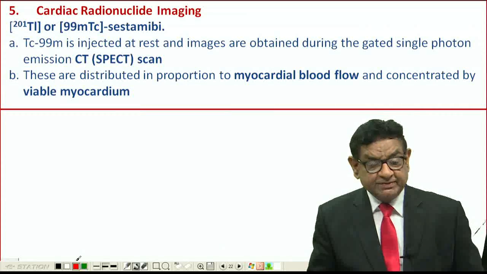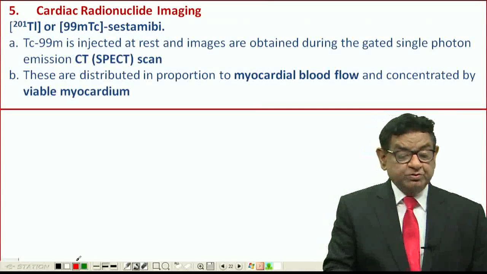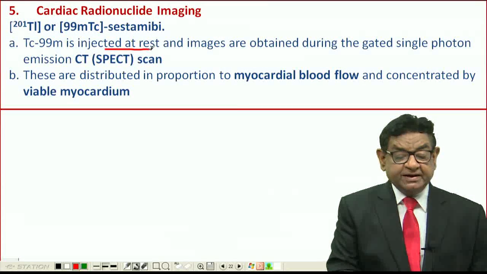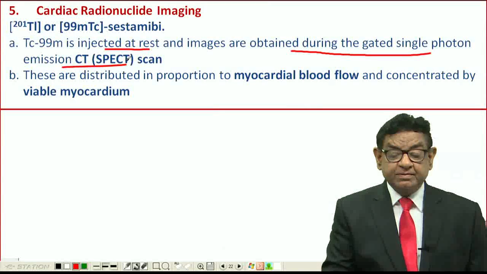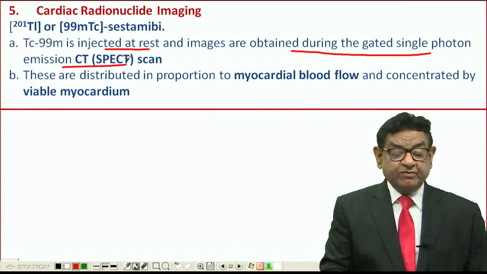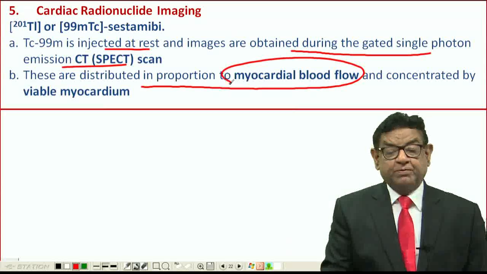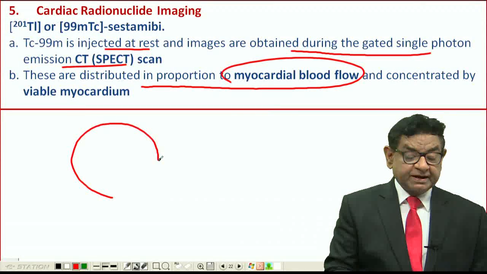Then one more test that we can do is radionuclide imaging. We do technetium scan, and it is injected at rest, and images are obtained in the gated single photon, what we call as SPECT. And they are proportional to myocardial blood flow. That means, suppose this is the myocardium, and this is the infarcted area.